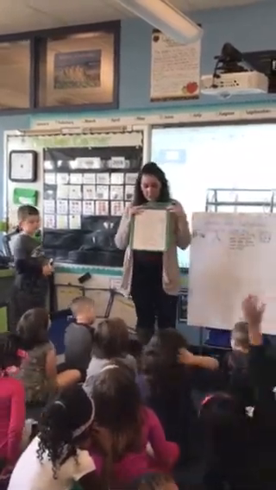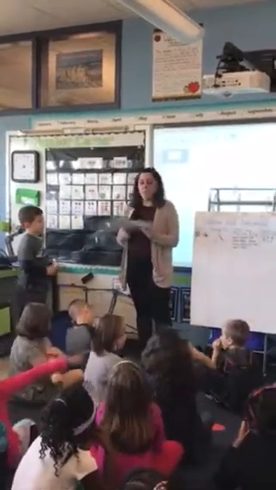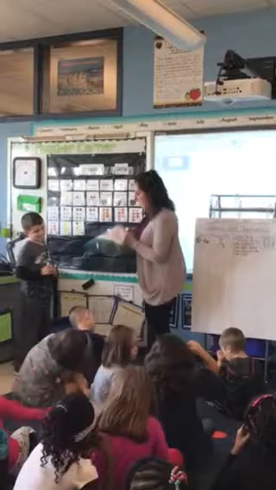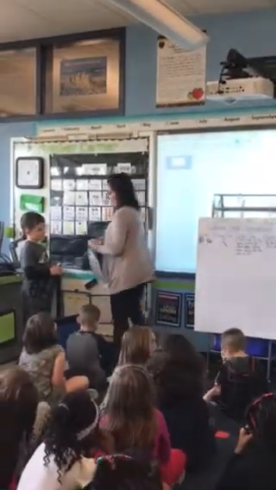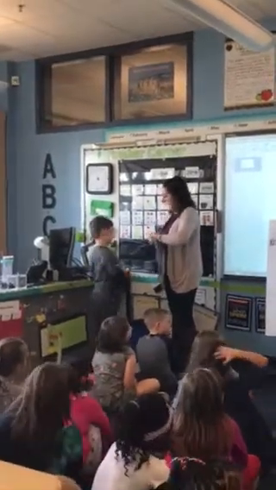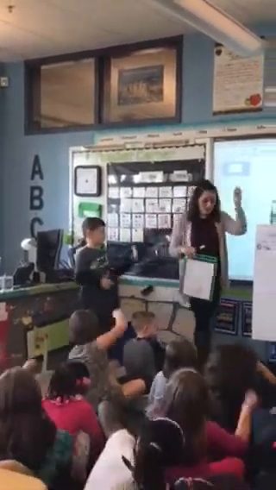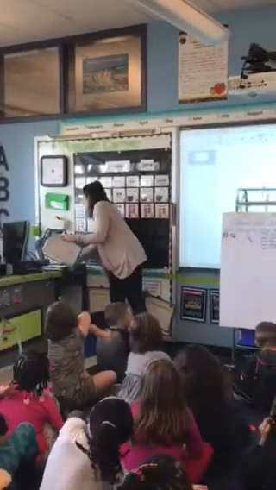What's 4 plus 3? Meadow? 7. So how many blocks do we have in all? Whisper to me. 7. Good job. What cheer would you like, Evan? Cowboy. Yeehaw, cowboy. Thank you.